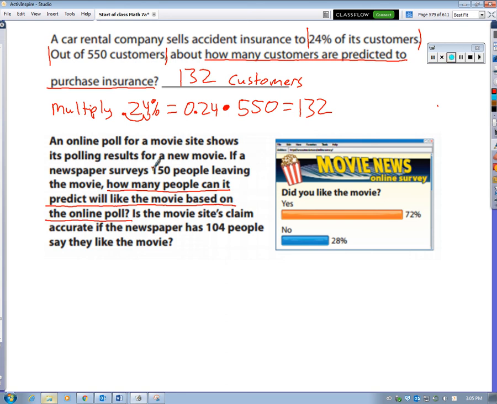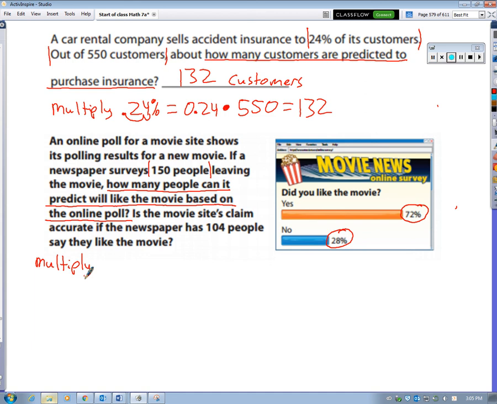Okay, and we have 150 people that are going to be surveyed. Here's our online poll. 72% of the people liked the movie, 28% of the people did not like the movie. So we're going to do our same step. We're going to multiply.